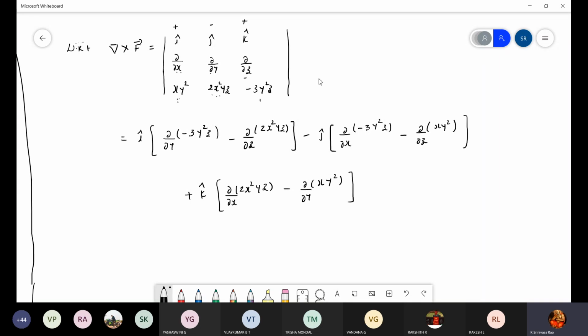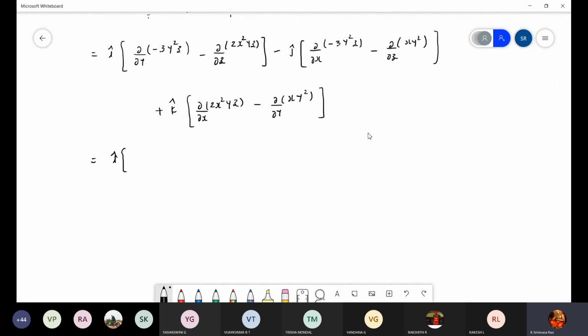Yes, differentiate. You will get i cap into, first one, minus, with respect to y² differentiation is 2y, you will get minus 6yz, and here minus differentiation of this term with respect to z is 1, 2x²y. Is it right? Yes, sir. Minus j cap into, with respect to x, no x here.